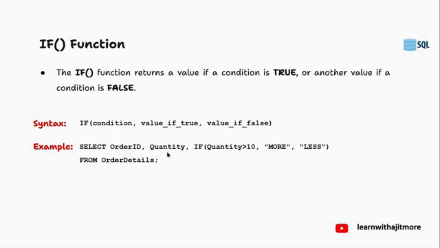If the quantity is more than 10, we want to display more, otherwise less. Any of these two values will be printed in the third column. First column order ID will come, second column quantity, and in the third column, more or less based on the quantity. You can give an alias name to that third column.